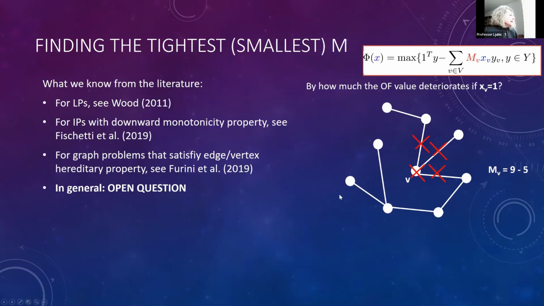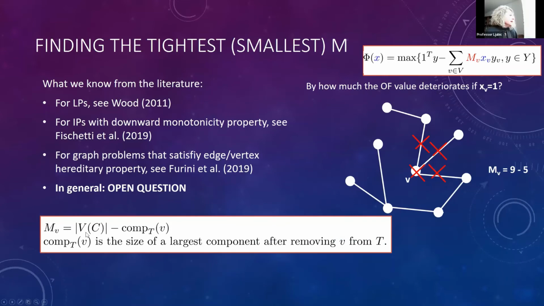And so it turned out that with this reasoning, we can set the values of big M to the size of the component minus the size of the largest connected component that remains after removing the vertex V.